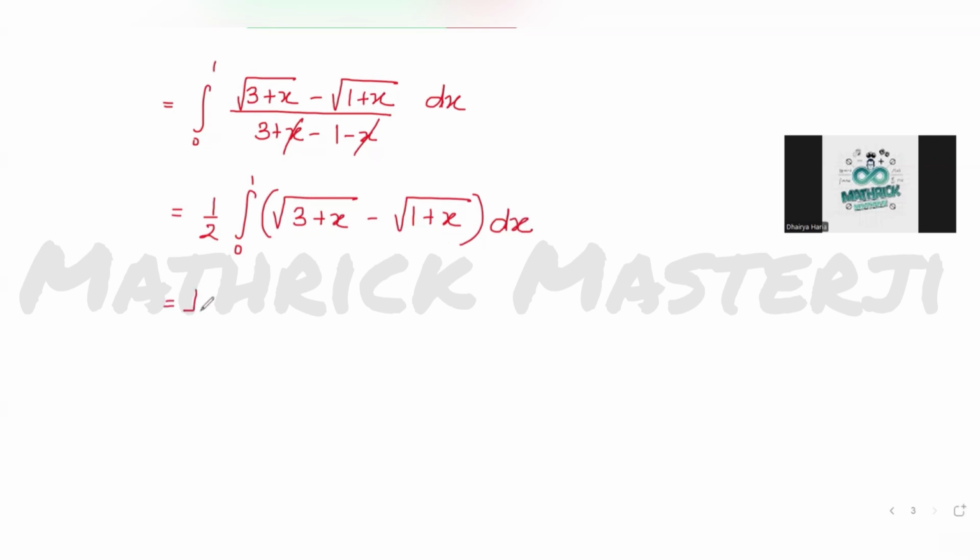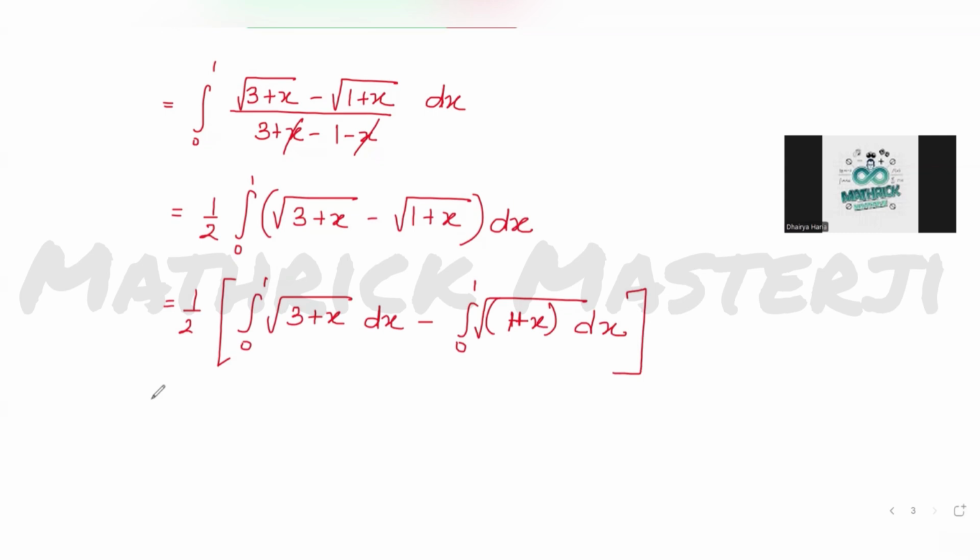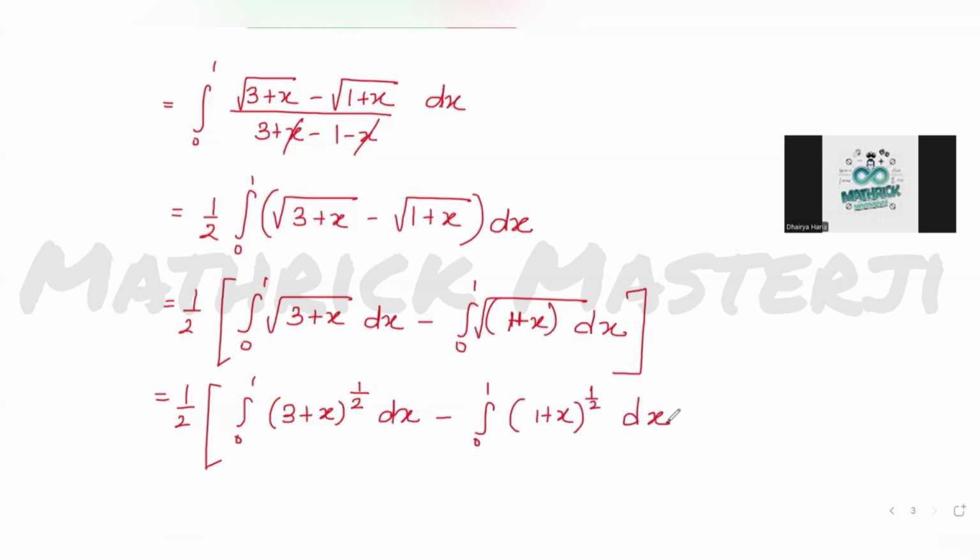dx. Taking separate integrals for both of them, I get half times the integral from 0 to 1 of root of 3 plus x dx, minus the integral from 0 to 1 of root of 1 plus x dx. That is, half integral of 0 to 1, 3 plus x raised to half dx, minus 0 to 1, 1 plus x raised to half dx.